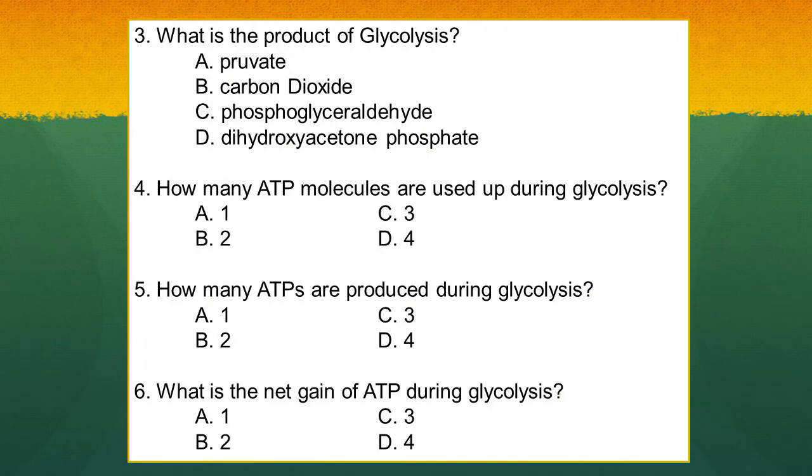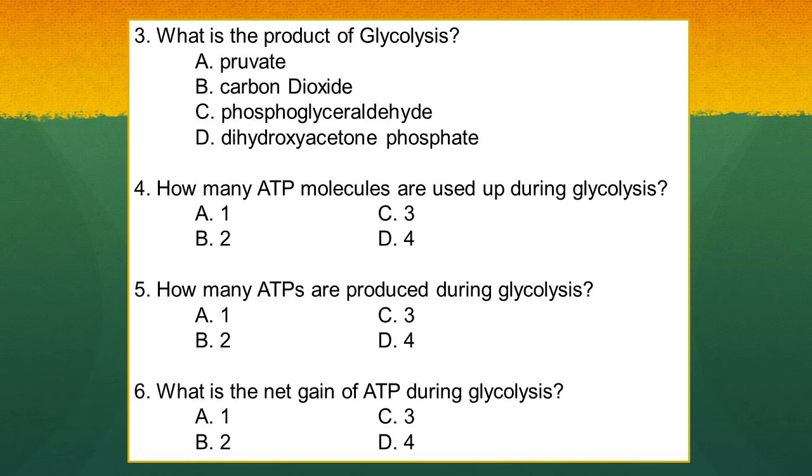Number 3. What is the product of glycolysis? A. Pyruvate, B. Carbon dioxide, C. Phosphoglyceraldehyde, D. Dihydroxyacetone phosphate. Number 4. How many ATP molecules are used up during glycolysis? A. 1, B. 2, C. 3, D. 4.